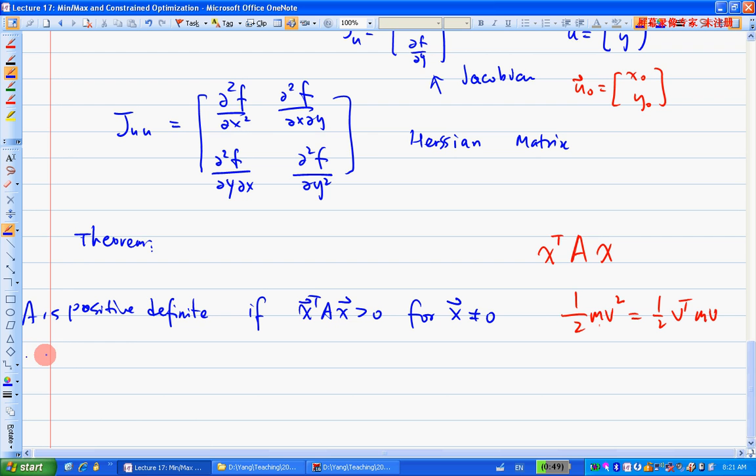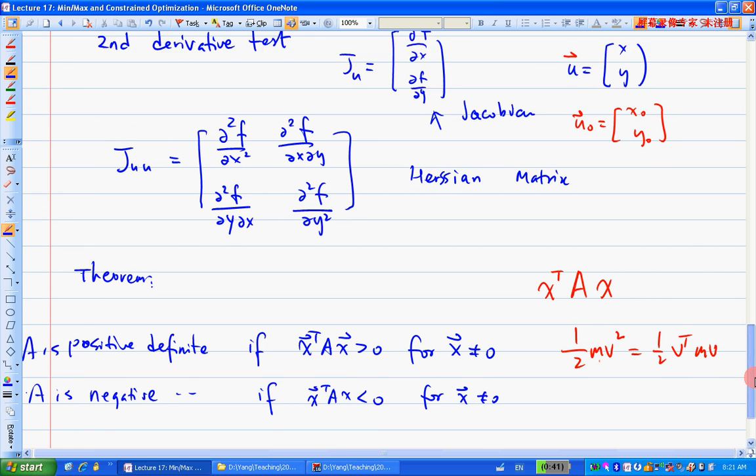And A is negative definite if x transpose A x is less than 0 for any x not 0. That's negative definite.